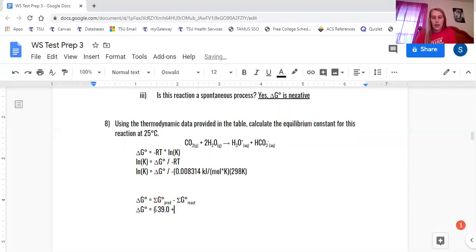And then we're going to add for HCO3 minus, which is our negative 587.06. And then we're going to subtract our reactants. And so we have CO2, so negative 394.359.